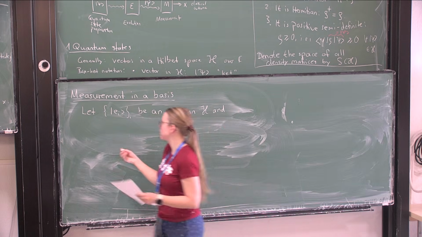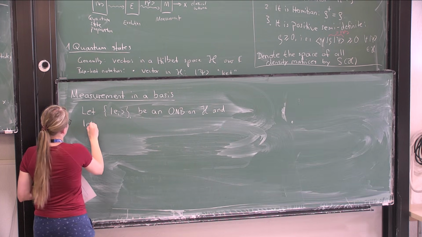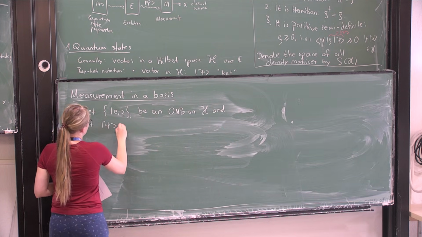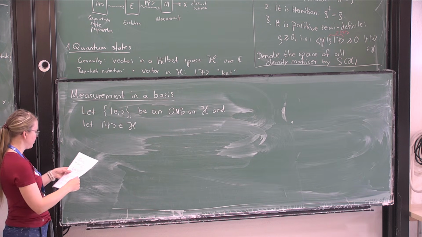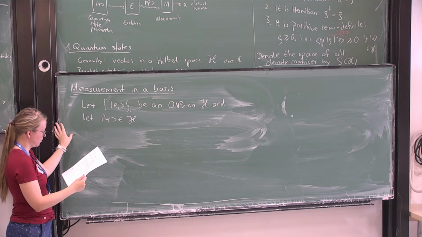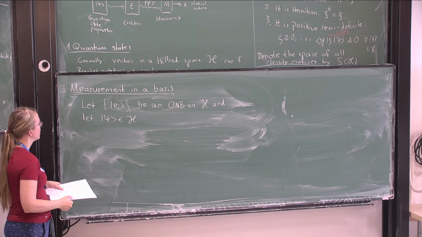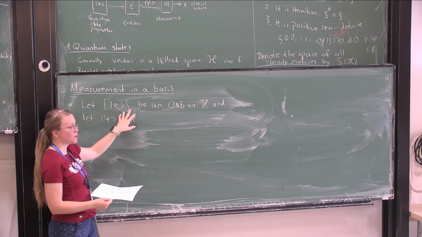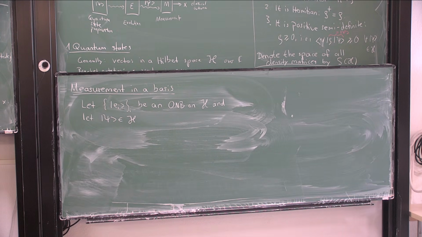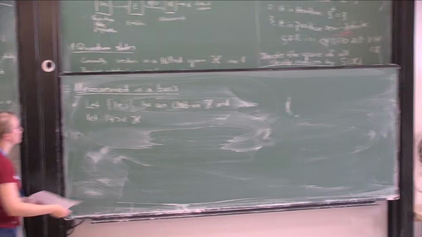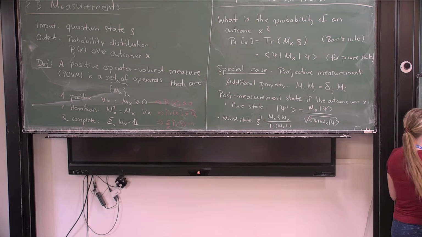And we have one vector p_i be a vector in the Hilbert space. Then for a measurement that corresponds to this basis, we need to come up with these POVM elements, and you can simply construct them directly from this basis element.